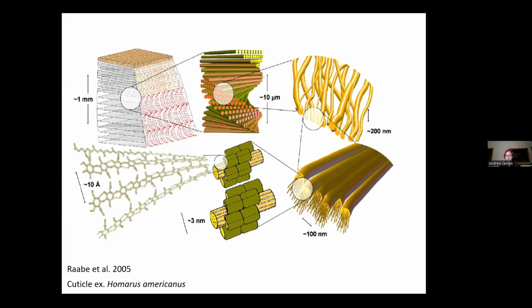These are arranged linearly into crystals. Those crystals are bound together with protein. Then those individual crystalline fibers are meshed together into larger bundles, and those larger bundles are arranged into layers. That's what actually makes the different layers inside of a cuticle. So there are multiple levels of structure.